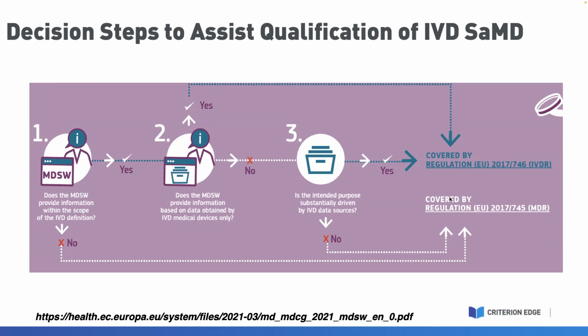And that can be for the purpose of identifying information about a physiology or a pathology, congenital impairments, physical impairments, predisposition, safety and compatibility, treatment response, or monitoring therapies. So in all of these cases, the focus is on that definition of an IVD.